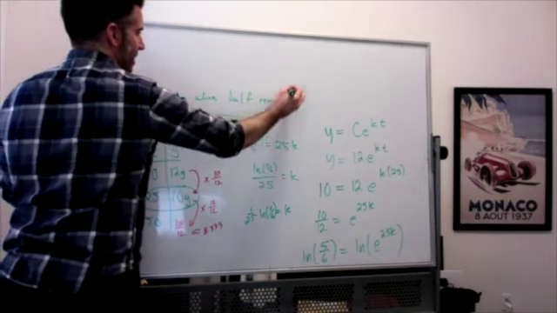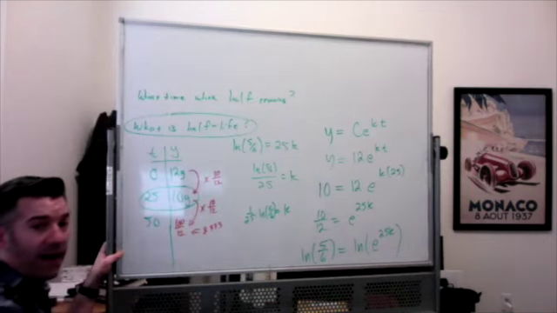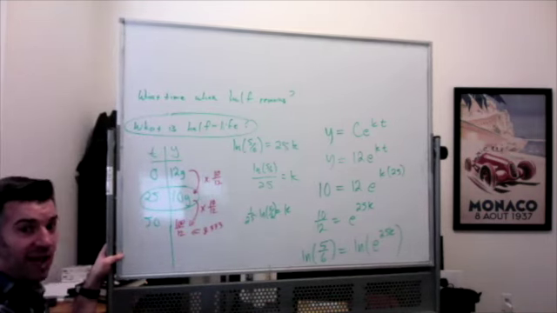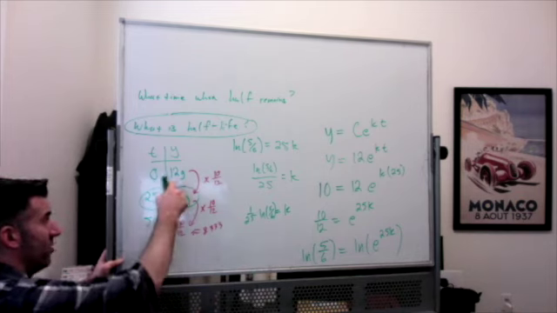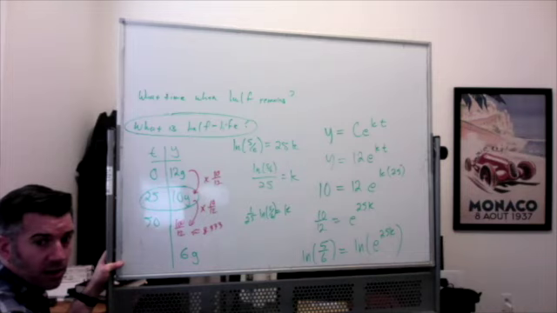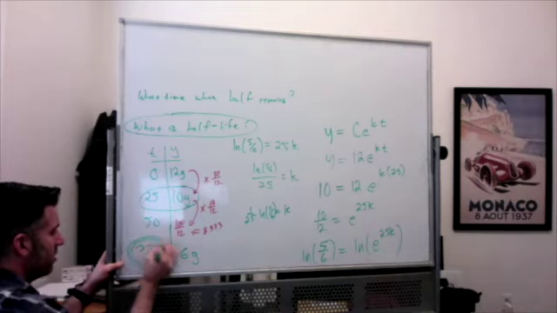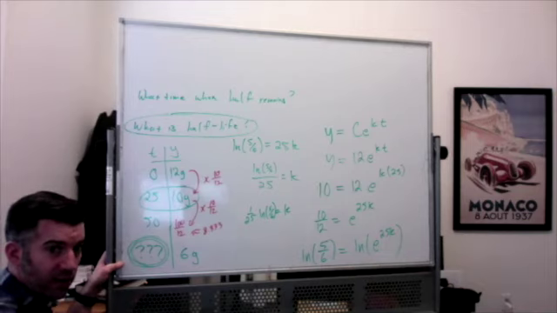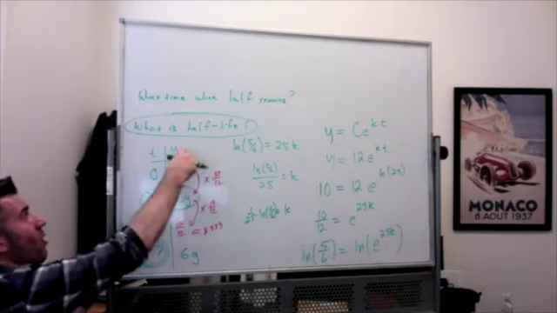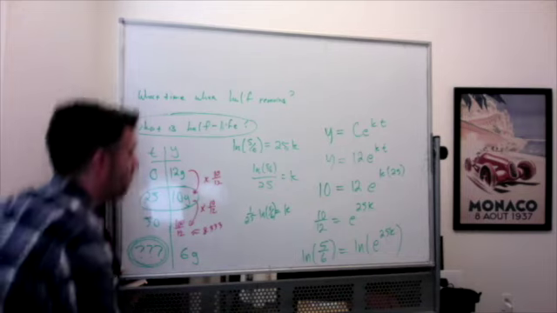Well, that's easy enough to put in our table here. If I want half to remain, I'm trying to get down to how many grams? Well, I started with 12. Half of 12 is 6. So I'm trying to figure out what time it is when there's 6 grams left. So we're going to plug in 6 for Y and solve for T.